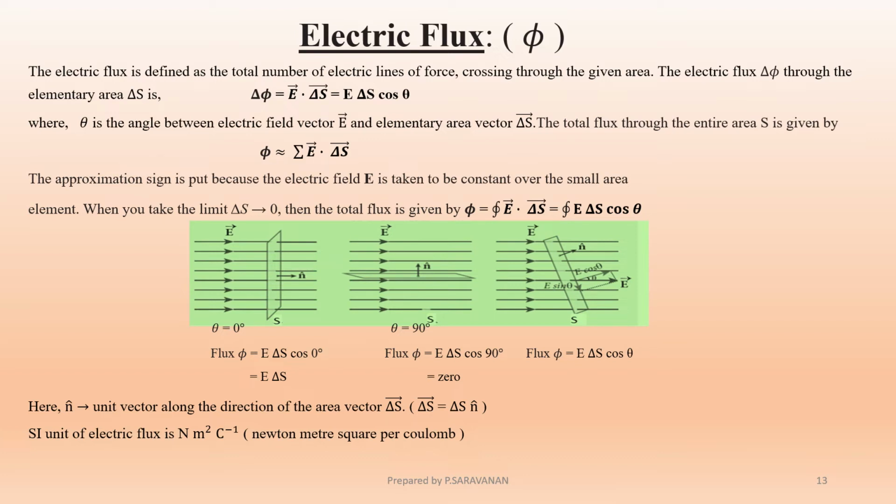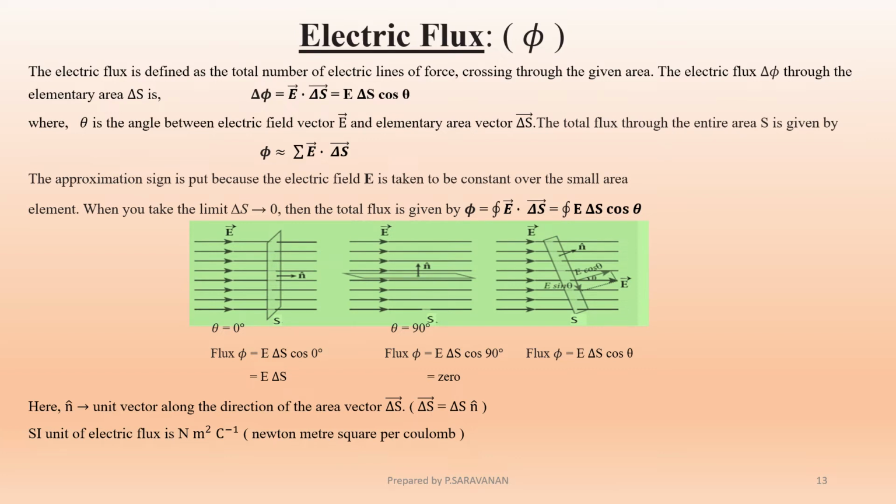The electric flux is defined as the total number of electric lines of force crossing through the given area. The electric flux delta phi through the small elementary area delta S is denoted as the dot product of 2 vectors, namely the electric field vector and the elementary area vector.